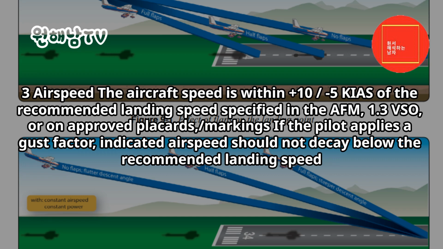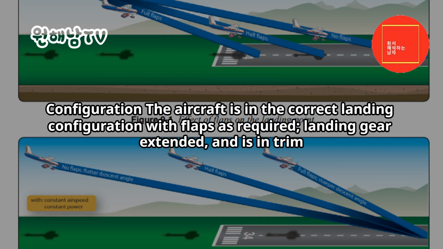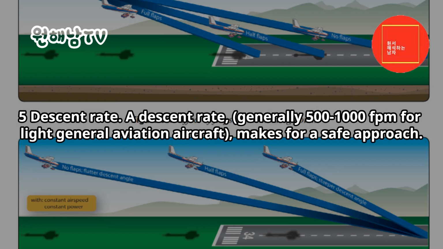If the pilot applies a gust factor, indicated airspeed should not decay below the recommended landing speed. 4. Configuration. The aircraft is in the correct landing configuration with flaps as required, landing gear extended, and is in trim. 5. Descent rate. A descent rate, generally 500-1000 fpm for light general aviation aircraft, makes for a safe approach.